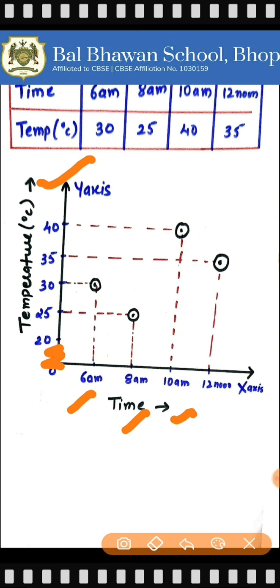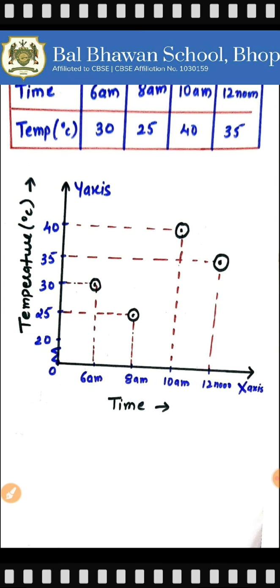Kink means the difference of the first number from 0 is quite different from the difference between these numbers. The gap between these numbers is 5 degrees Celsius, but the difference from 0 to 20 is 20. So this difference is different from the first two numbers. That's why we use a kink over here.